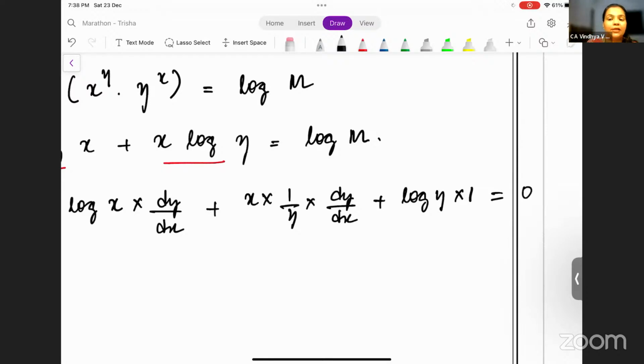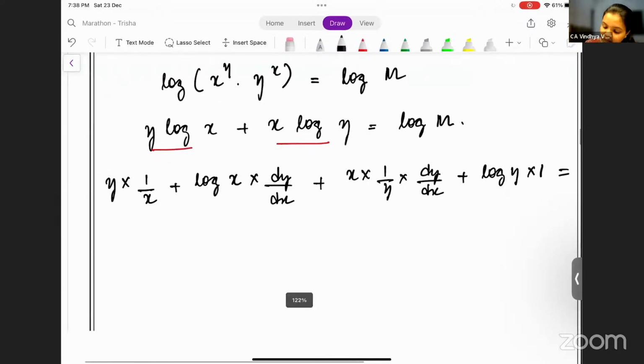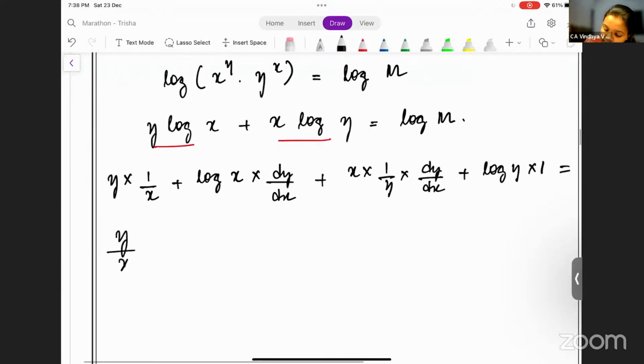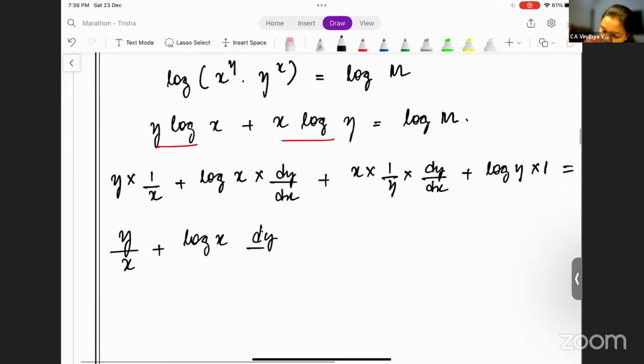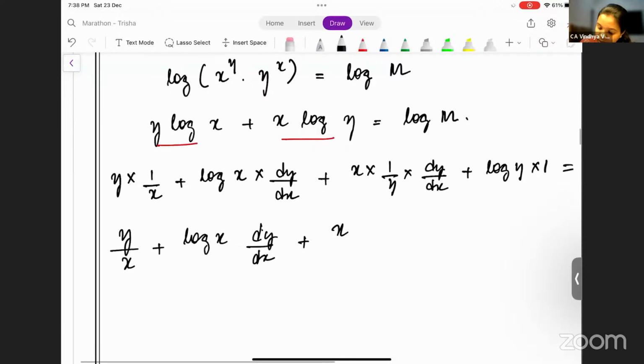So answer here would be 0. Now simplify this. You'll get y by x plus log x into dy by dx, correct? Plus x by y dy by dx plus log y is equal to 0.